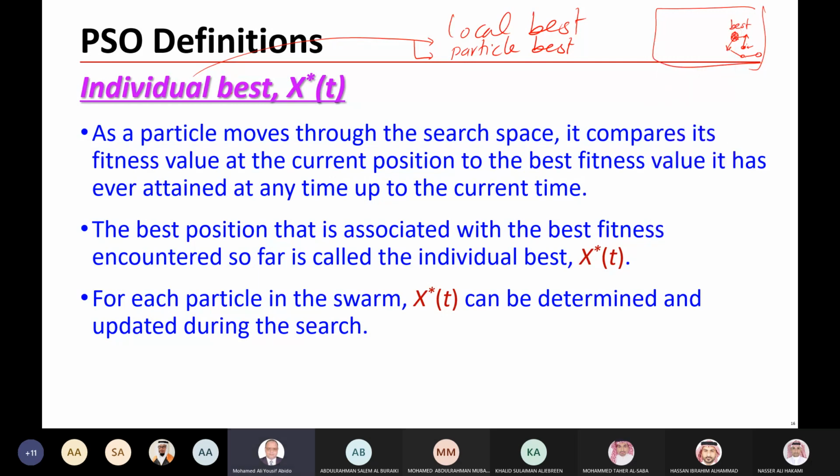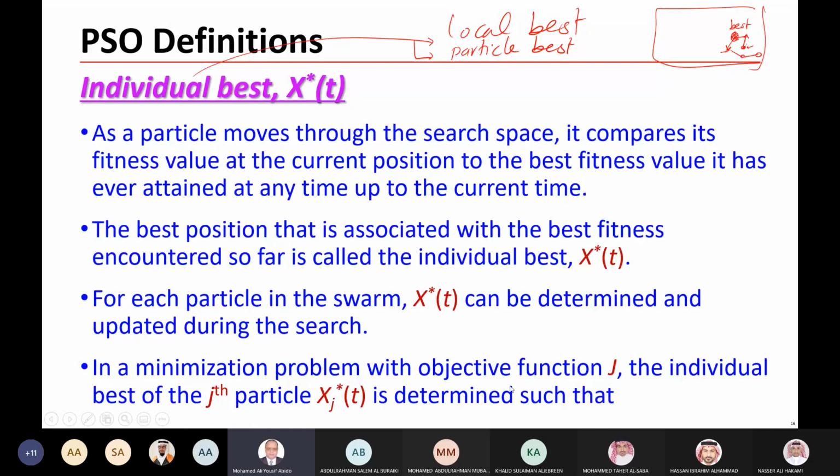And then when you move, you calculate the objective here, you compare this with this one. Probably if it is minimization, the objective at that position is greater than this, so you keep the best as it is. So for each position, you have to update the local best or the particle best. I hope things are clear.